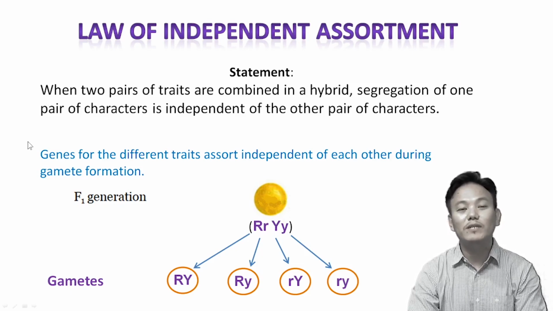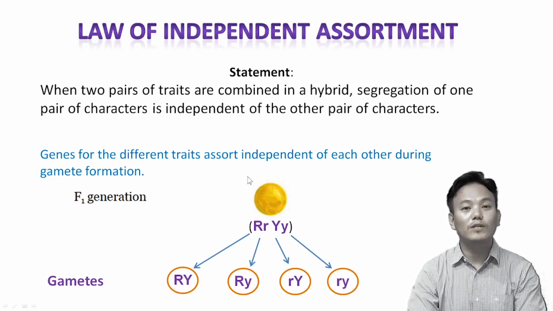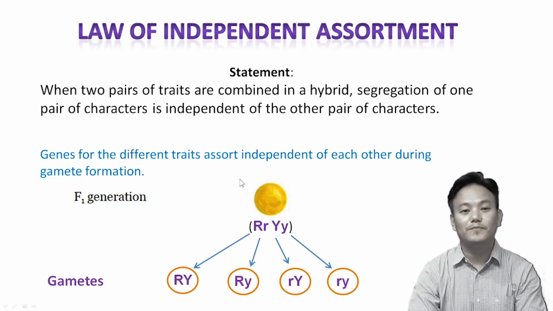The arrangement of the homologous chromosomes at the metaphase plate, or metaphase 1, is random. It is very random, so therefore it can segregate or separate in a random manner. That particular concept will explain this law in a better way. So we will look into that in our next videos.